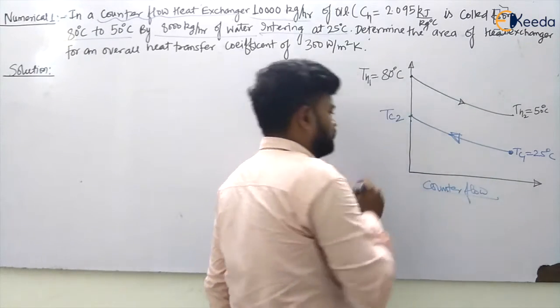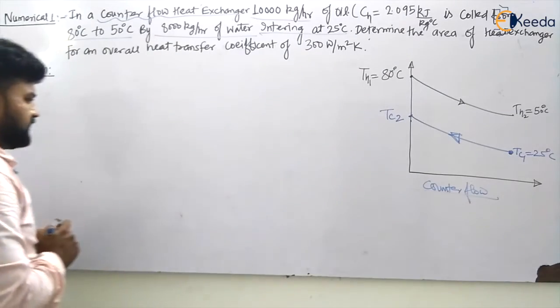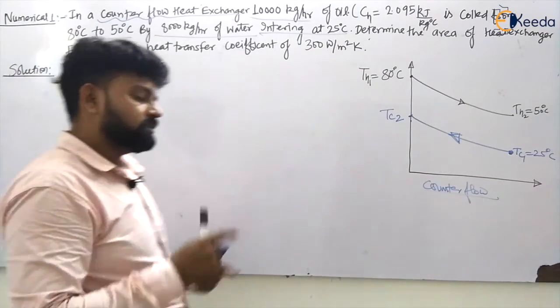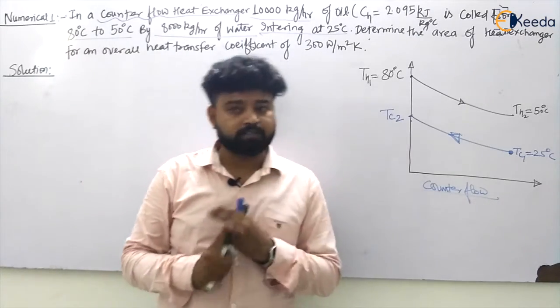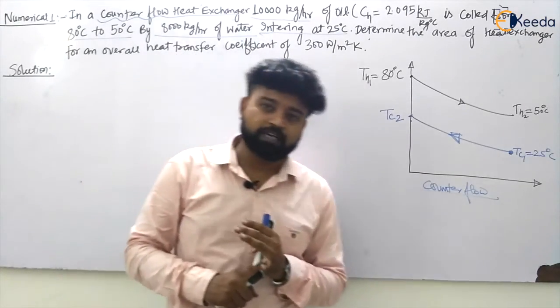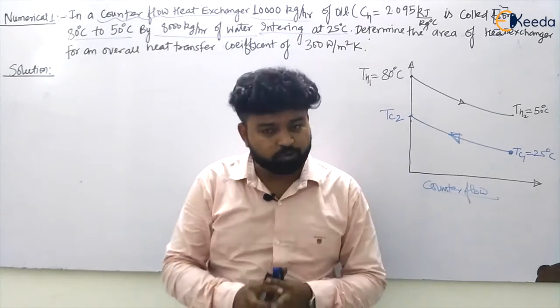Now, in the counter flow you have seen, applying all the assumptions, that is steady state, heat capacities and heat transfer coefficient are the same, kinetic and potential energy change neglected, and our system is insulated from the surroundings.